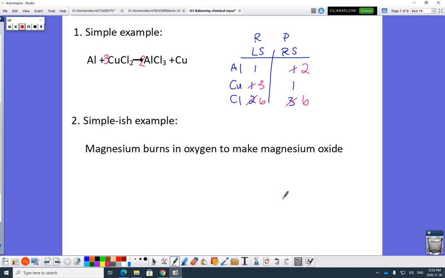So when you have something like single displacement, it's easy. You can just put 2. You can put whatever you want. I'm going to put a 3 here. Done.